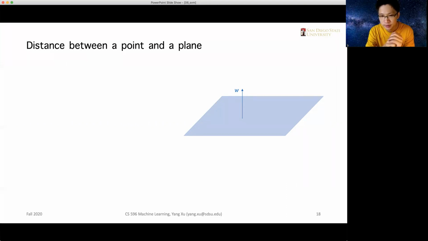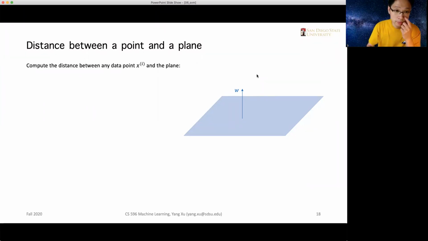And the task we have done in the previous lecture is we found the mathematical expression of the distance between the nearest data point and the decision boundary expressed by a hyperplane.